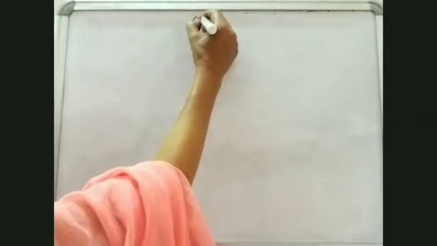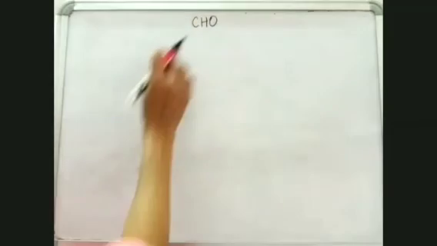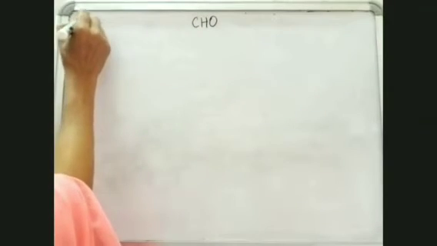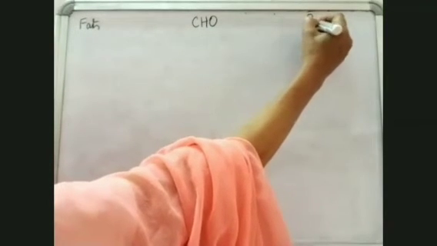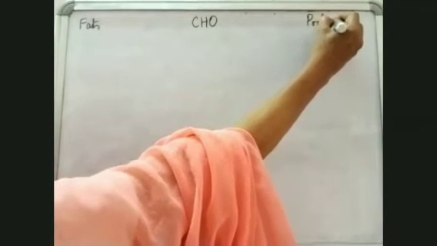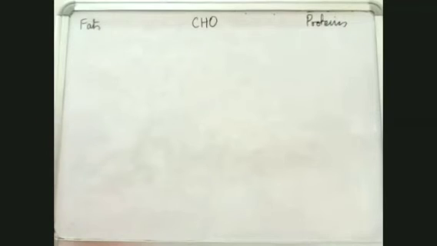Suppose we have carbohydrates, which I am writing in short as CHO, we have fats, and we have proteins. How the breakdown and oxidation of all three is interlinked, and how they help in production of energy, this is what I'm going to tell you now.